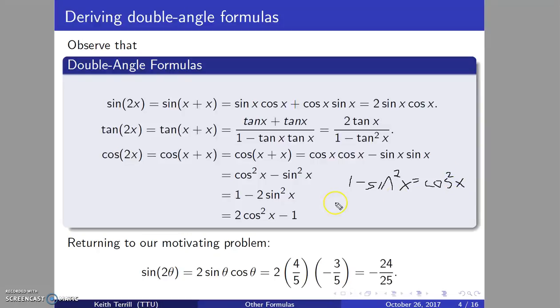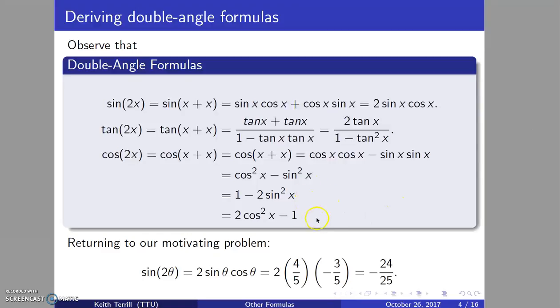And so the second line there gives me 1 minus 2 sine squared of x. And the third line gives me, if I had put 1 minus cosine squared in for sine squared, 2 cosine squared x minus 1. So there's a few ways it can go.